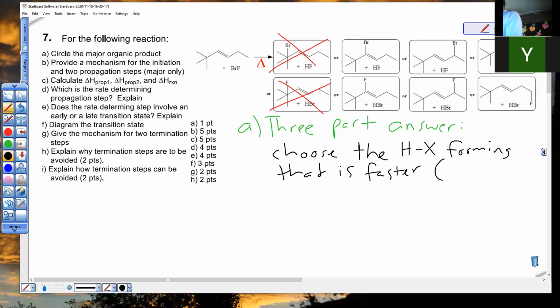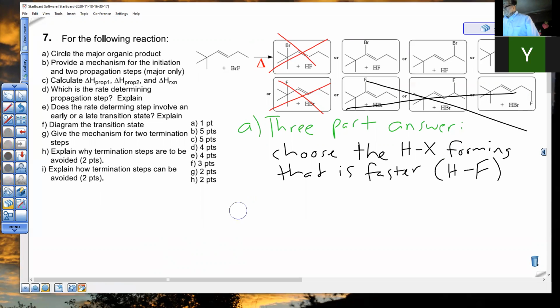In this example, that's HF. All the HBr is gone. Good. B. With our first example, we only have to go to B. Later, we'll do an example where there's a third part to this discussion.